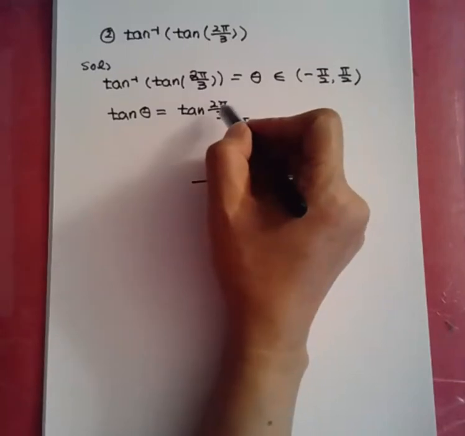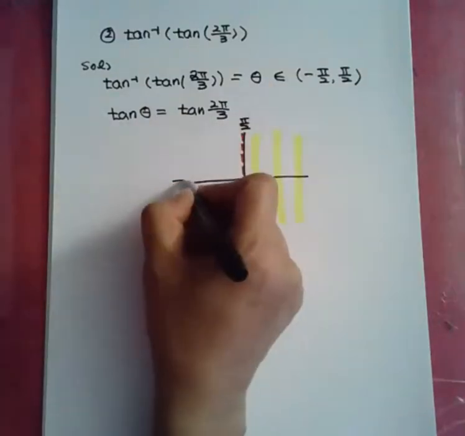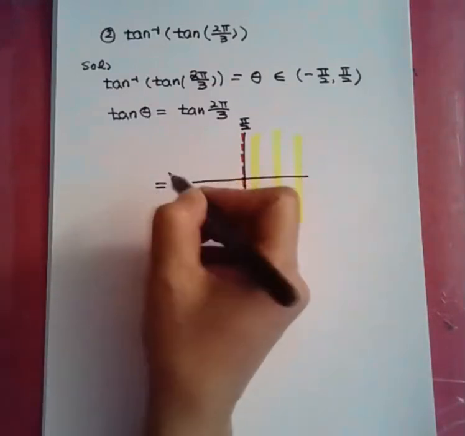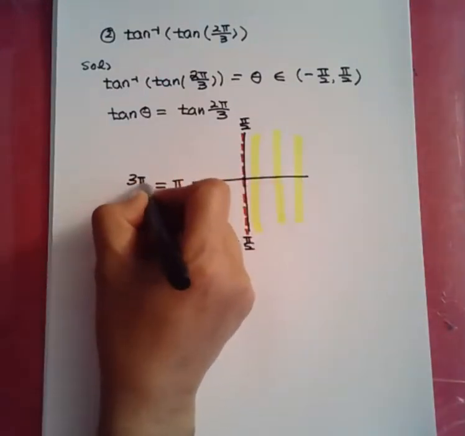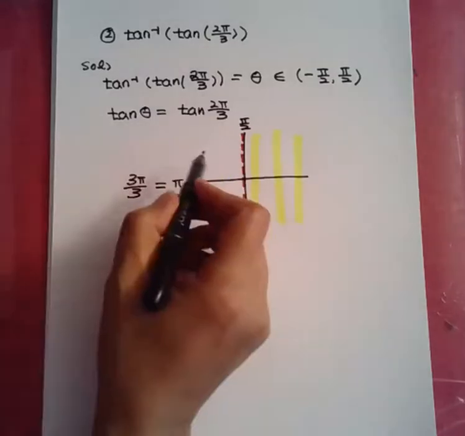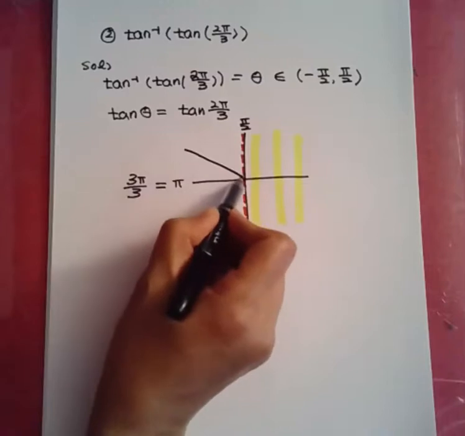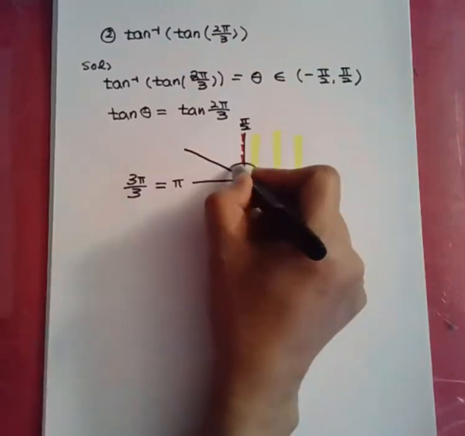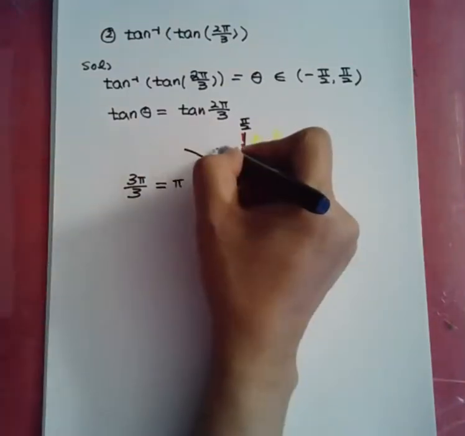We have 2 pi over 3. Here is pi. That is 3 pi over 3. This is a little less than pi. So the angle is located in the second quadrant. This is 2 pi over 3.